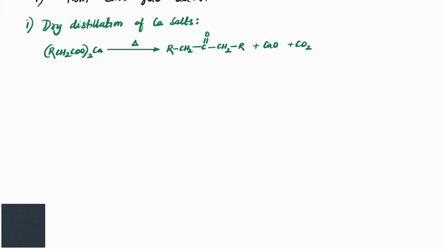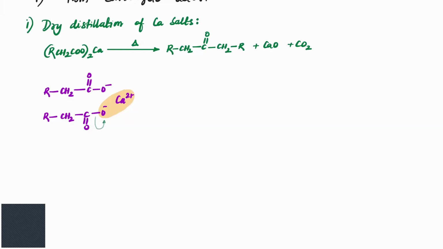Well, how does the mechanism work here? Notice we have RCH2-C(=O)-O⁻, and the second mole here is RCH2-C(=O)-O⁻, with calcium 2+. As you start heating, first this oxygen will show affinity towards calcium and bond breaking will start here.